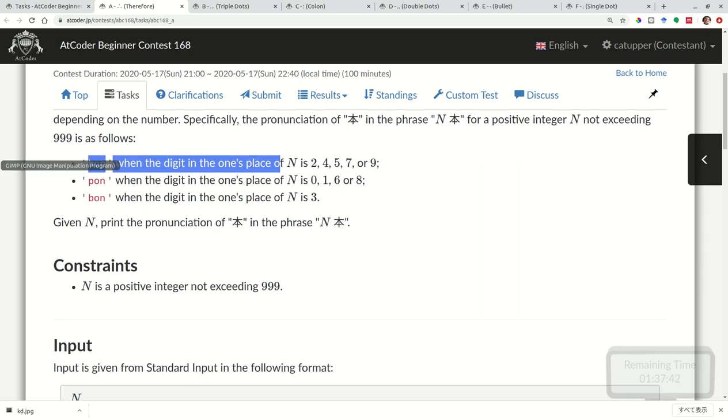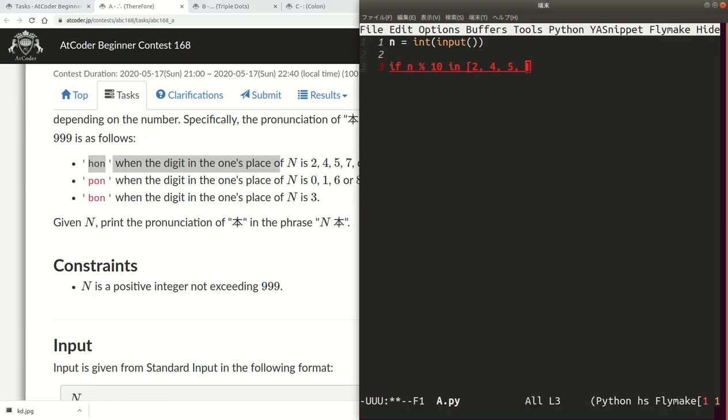If it is in 2, 4, 5, 7, 9, print hon, and do something similar with the others. If it's in 0, 1, 6, and 8, print pon.